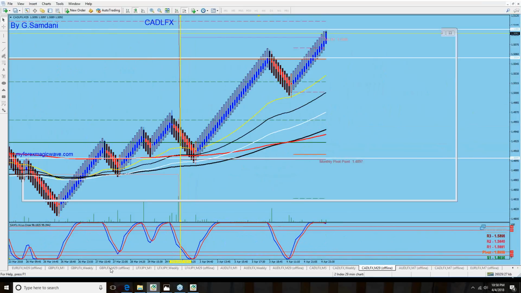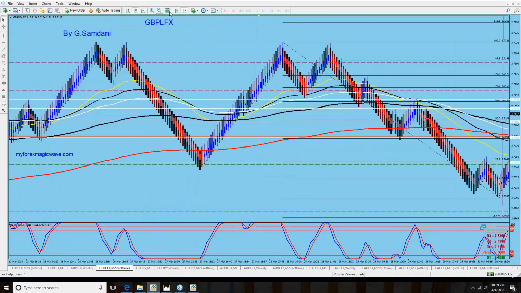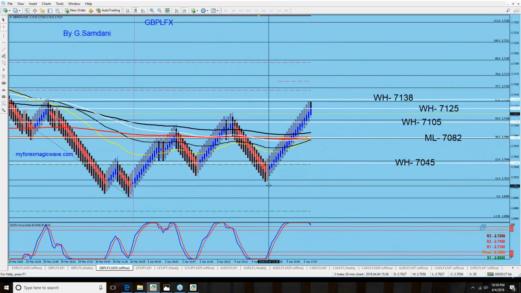Look at the pound 29-minute chart. If you're worrying about what happened, all those pound pairs, right after, look at this candle here. Reversal candle, for example, this one here, and the first blue candle started. So it is 4/4, 15:30.